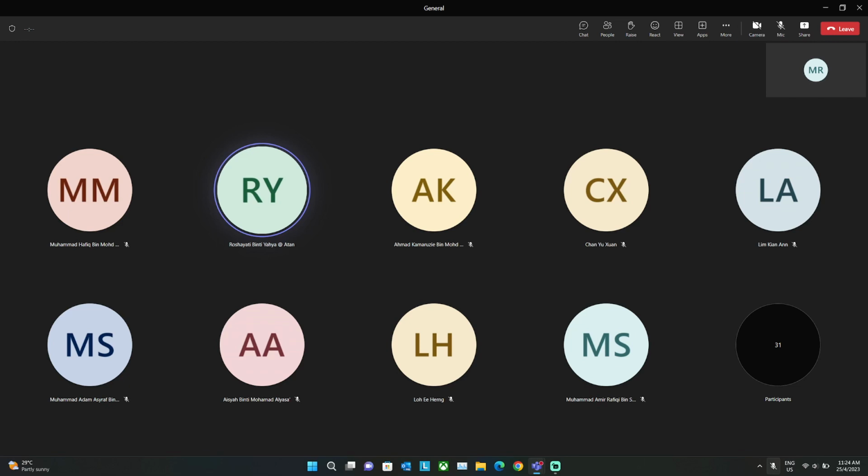Okay, so under this second order non-homogeneous linear, we can use two methods. The first method that we have learned before Hari Raya is undetermined coefficient, and this week we will learn about variation of parameter.